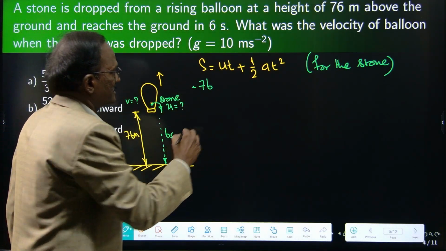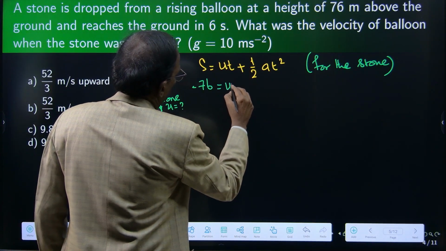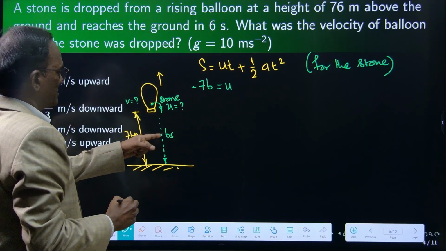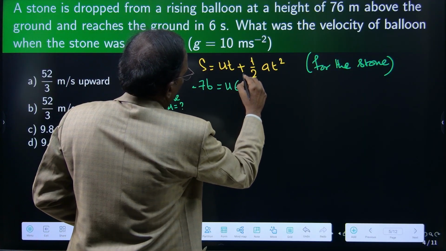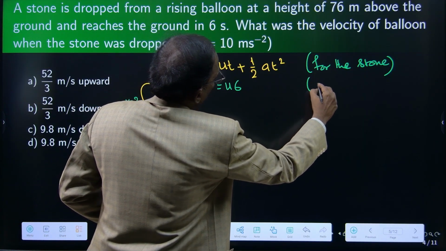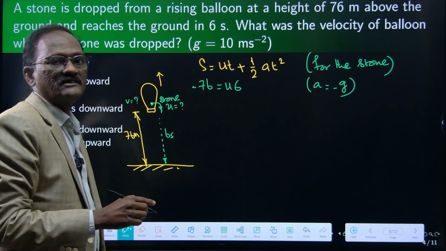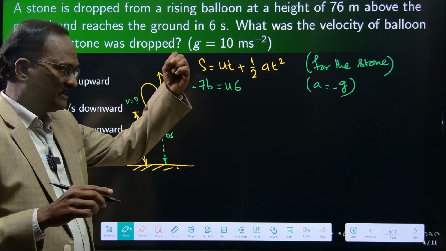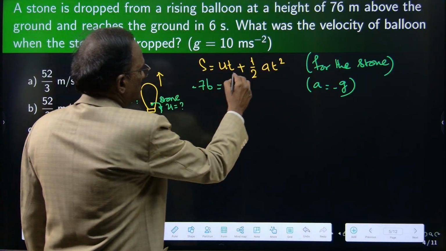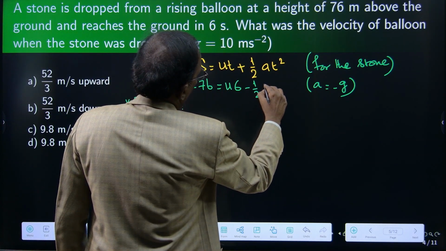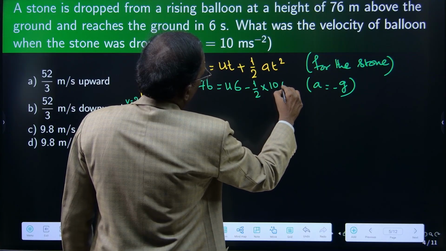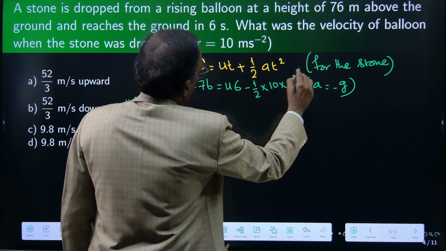So minus 76 is equal to, U is in question, T is given 6 seconds. This is plus half A, where A is equal to minus G. Always it is minus G, you know it. It is acting downwards. So this will be minus half into G value, which is 10, into T, which is 6, square.